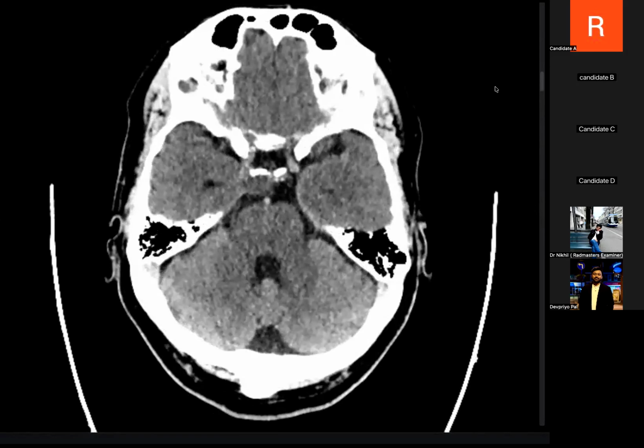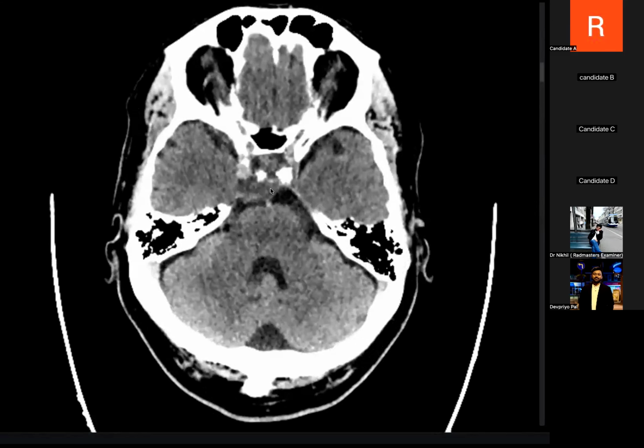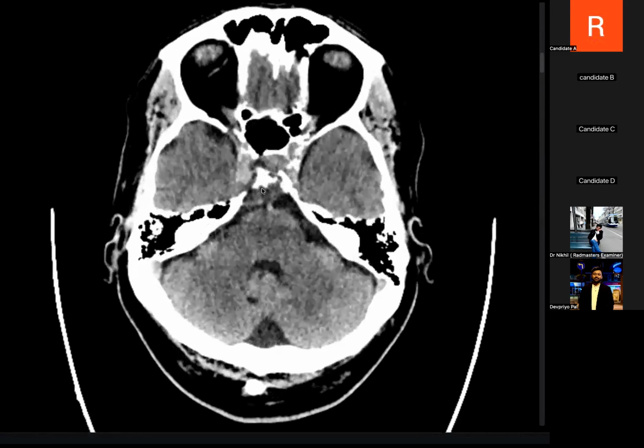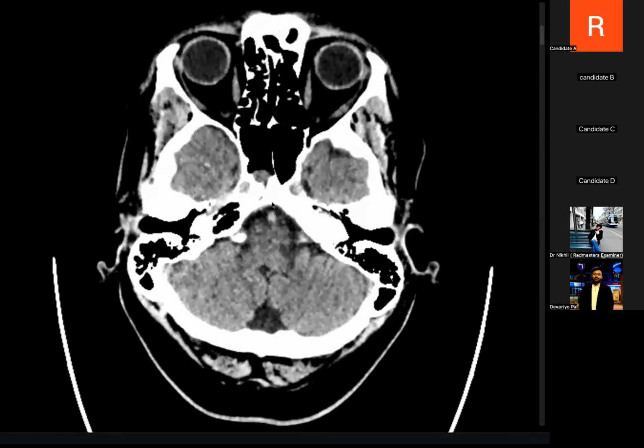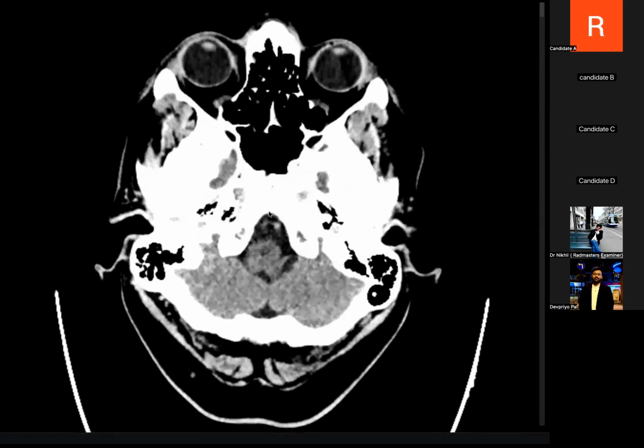I think I can see some added soft tissue density noted in the sphenoid bone, possibly the planum of the sphenoid region, just abutting the basilar tip. Yes, that's my region of interest.